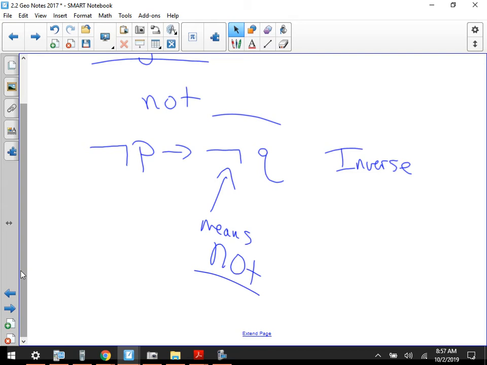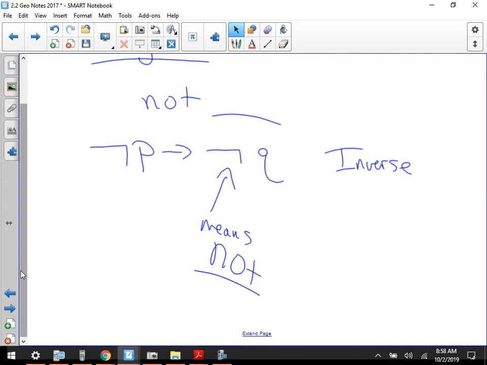If lines are not perpendicular, then they do not intersect.